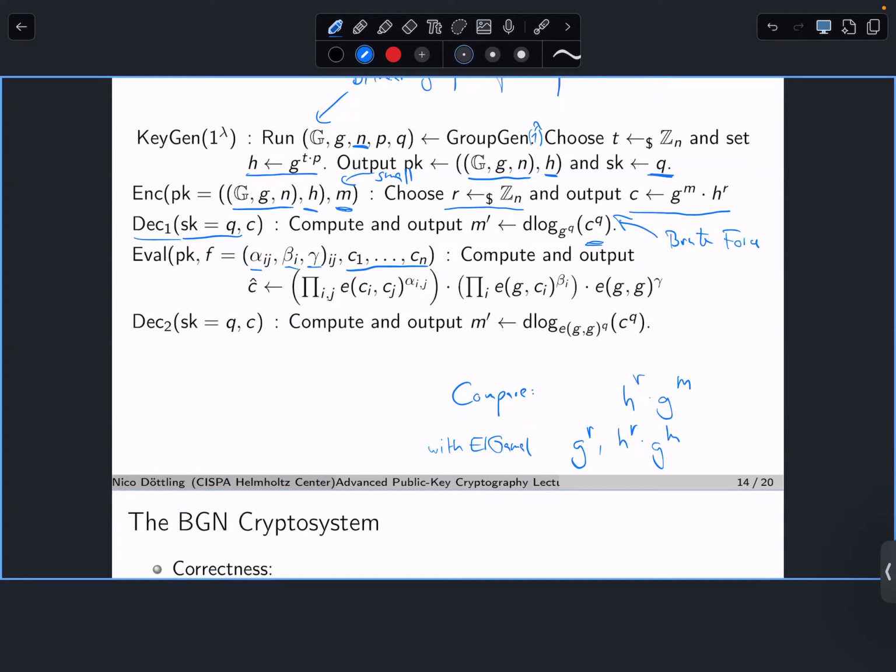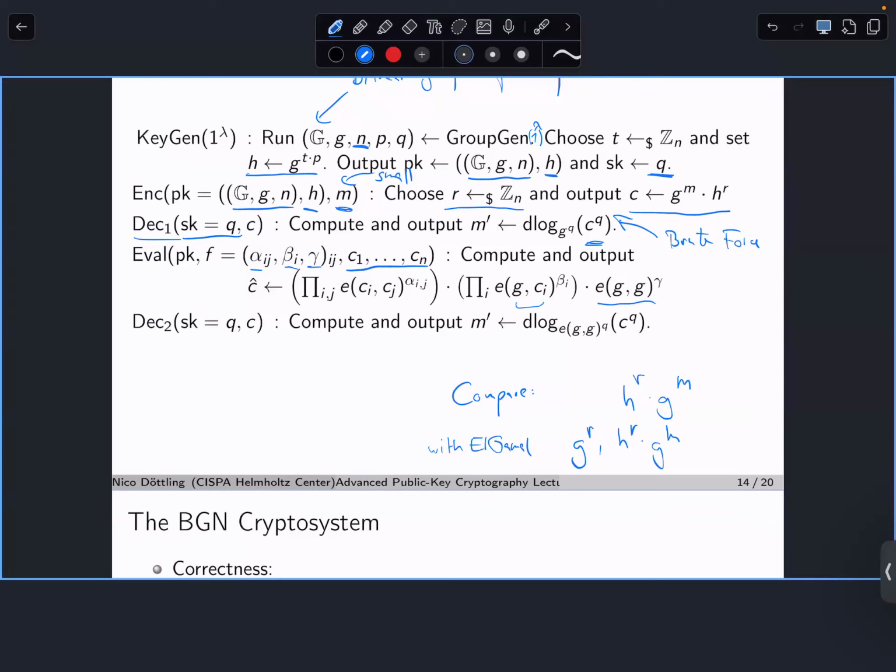So to compute the constant term, we just pair G with itself. We compute e(G,G) to the gamma. To compute the linear term, we first pair the G's with the Ci, and then raise it to the beta i, and multiply that all up.